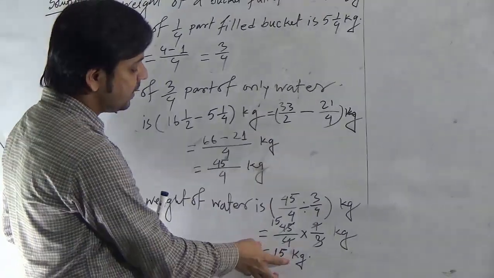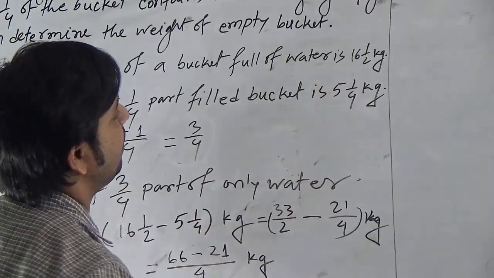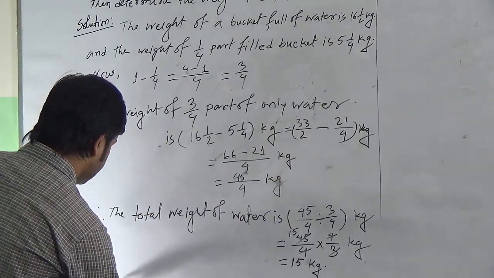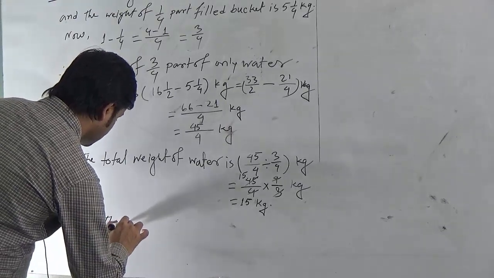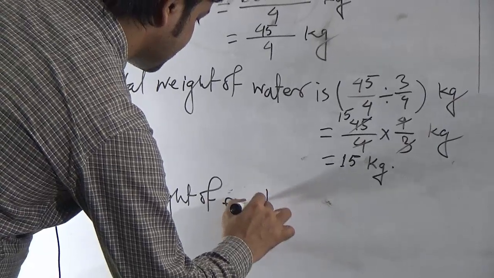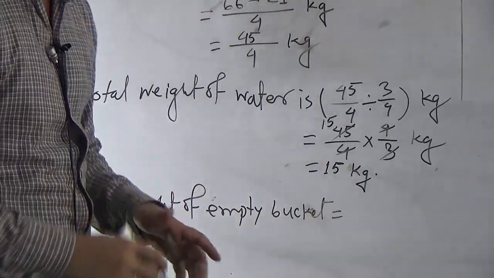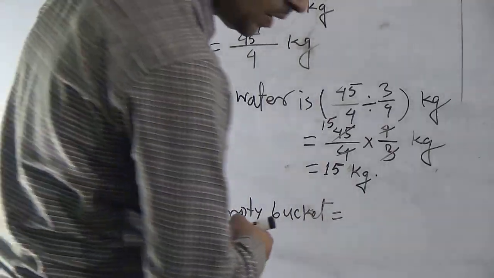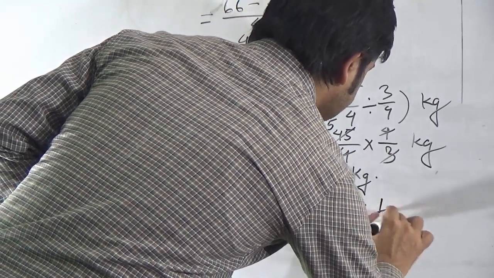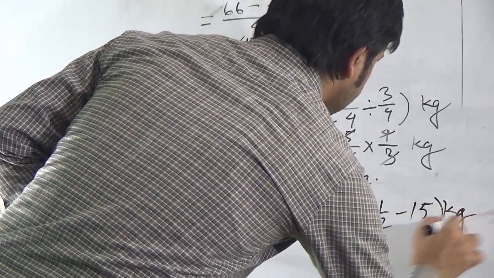So if we subtract the total weight of water from 16 integer 1 by 2 kg, we will get the weight of the empty bucket. So we can write, therefore the weight of the empty bucket, we have to subtract 15 kg from 16 integer 1 by 2 kg.